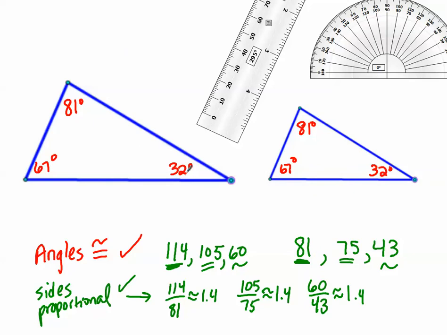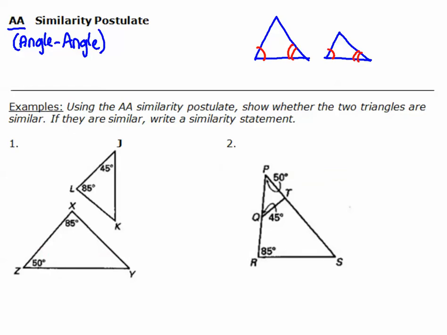We measured these two angles, we saw those are congruent, and those third angles had to be congruent. So we saw this angle congruent to this angle, second angle congruent to second angle, and therefore we've got the similar triangle. So let's go ahead and write down what this similarity postulate tells us.